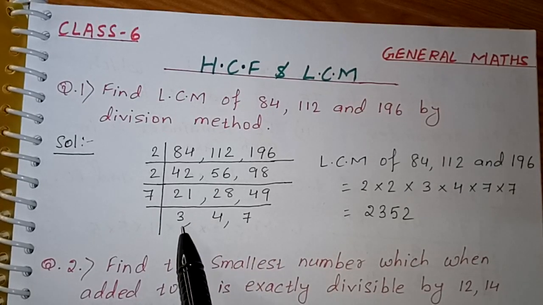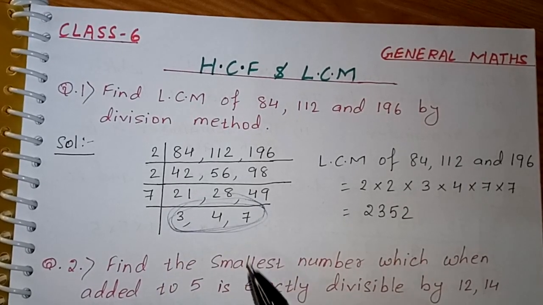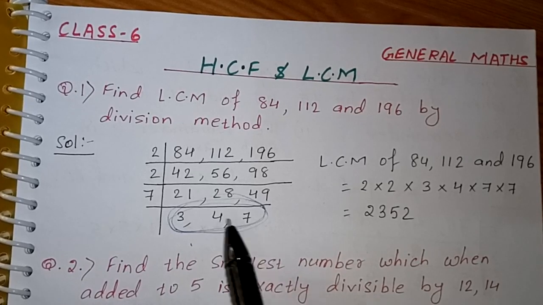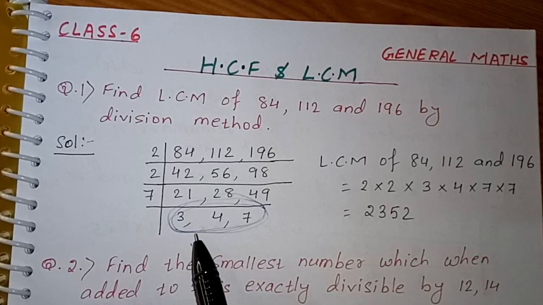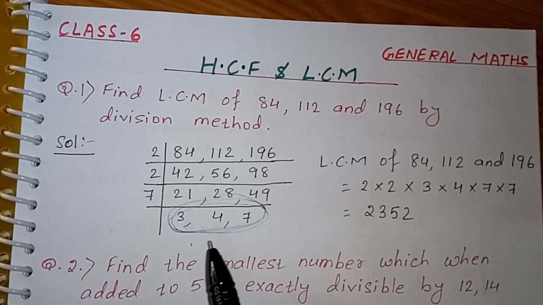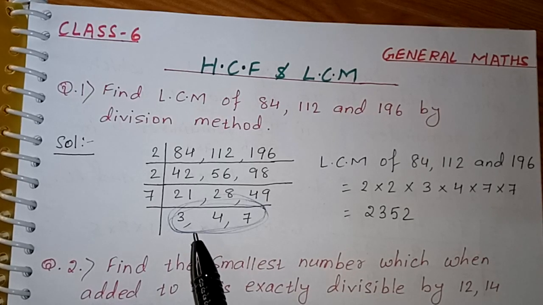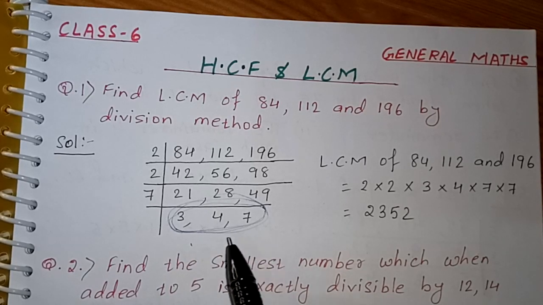So now at last, children, please observe this. What are the numbers? 3, 4 and 7. All these numbers do not have any common factor other than 1. So at last you have to keep numbers like 3, 4, 7 which do not have any common factor except 1. Only such numbers can you keep down.